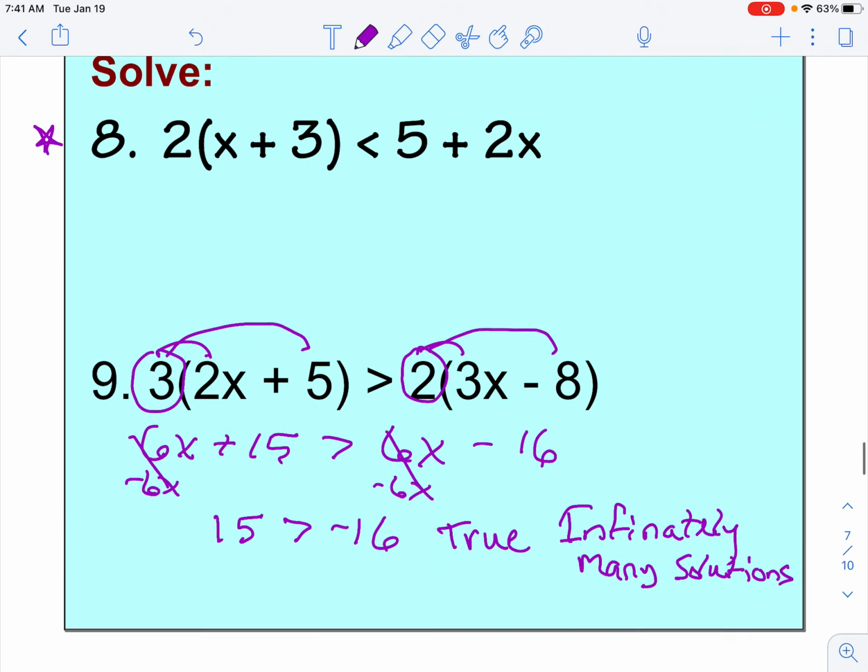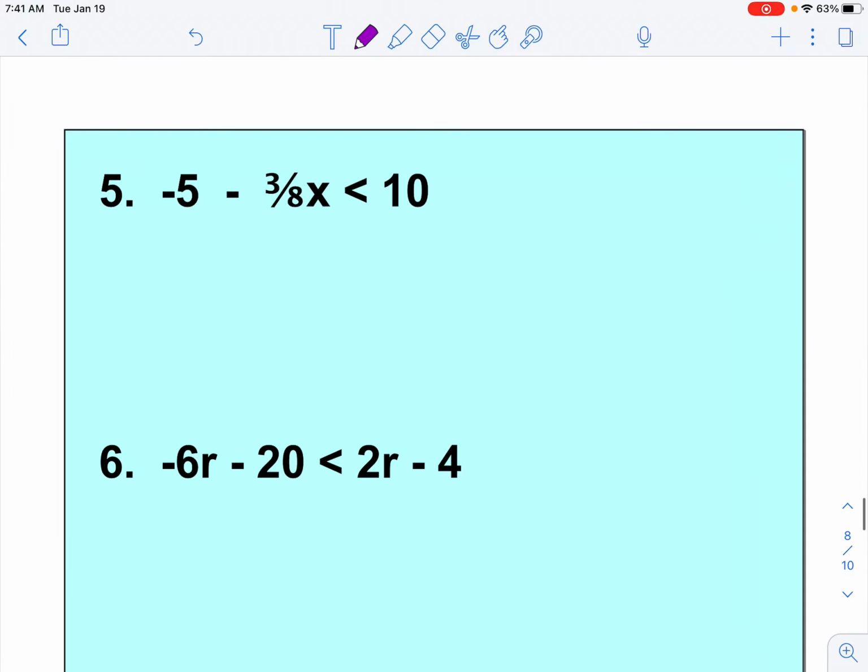Okay? All right. So on this question, I again am going to have you try number 5 on your own and check back to the notes, and I will work through number 6 with you right now. So question number 6, we don't have any distributive property, so we need to get the r's on the same side.